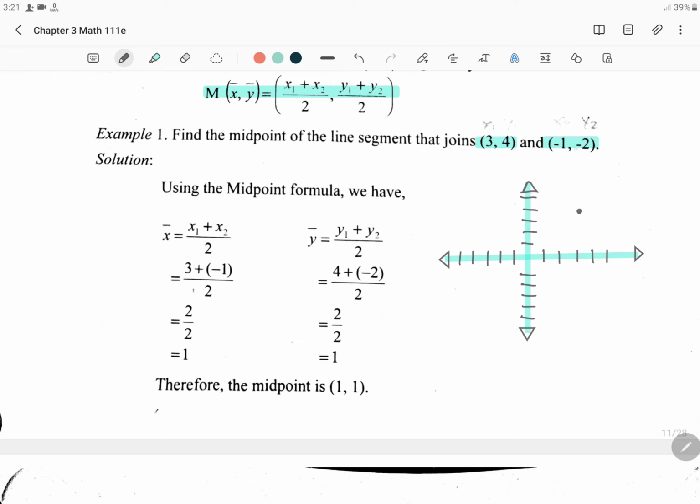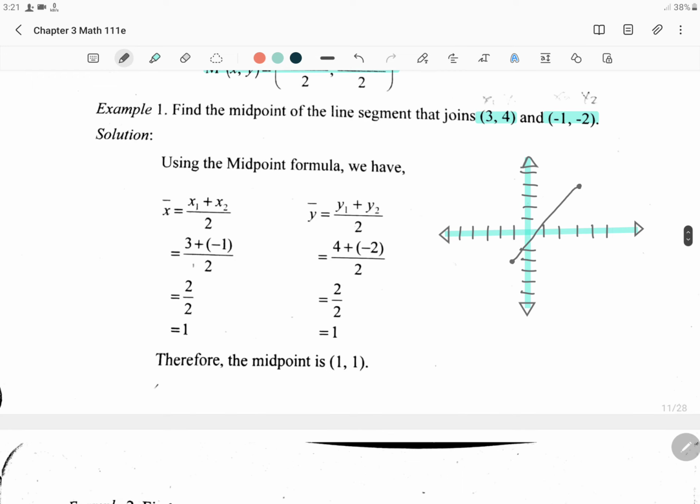Okay? Itong negative 1 and negative 2, nandito yan sa third quadrant natin kasi given na negative lahat ng coordinate natin. So, negative 1 dito. Negative 2 nandito. So, ito. Yan. So, i-connect ko yan, line segment. Okay?